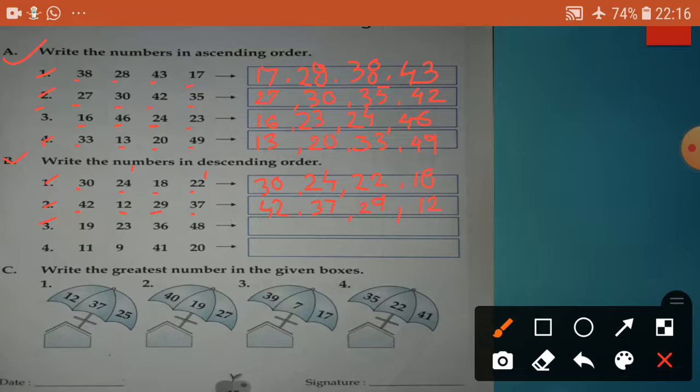So ones is different, so I underline here just tens. 1 ten, 2 tens, 3 tens, 4 tens. So you know children, 4 is bigger than 3, 2, 1. So I write first 48. Bigger number, descending order, 48. Then write 36. Write 23.